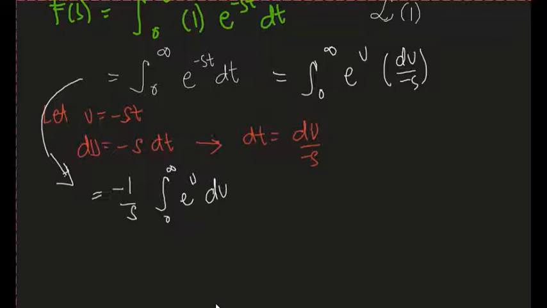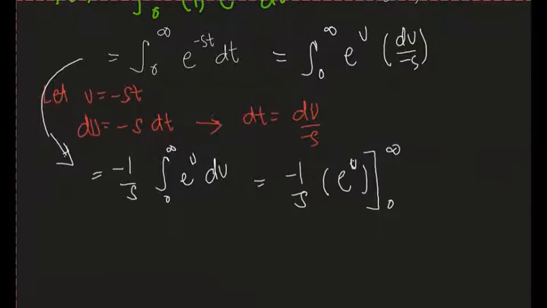Okay, so if i-evaluate na natin ang aton nga equation, this will be equal to negative 1 all over s. So integral of e raised to u will remain to be e raised to u, evaluated from 0 to infinity.